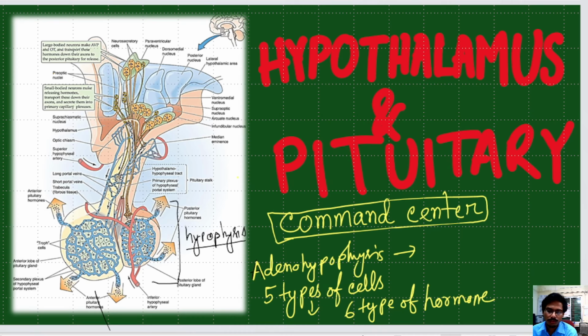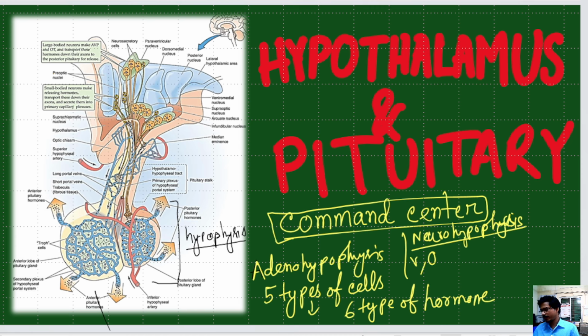So this region is releasing 6 types of hormones, and another region is the neurohypophysis. The neurohypophysis releases 2 types of hormones, that is oxytocin and vasopressin. So that is the brief introduction.